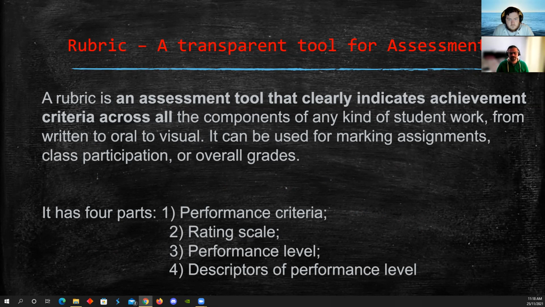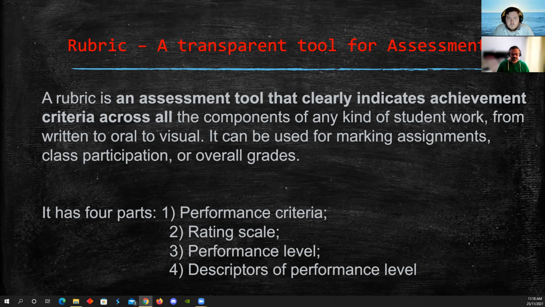For any kind of work you do, maybe a written work or an oral work, any visual presentation, website, or whatever, we need some guidelines for marking assignments. We need to see how you're participating in the class or in the task, and we need some guidelines to grade you.